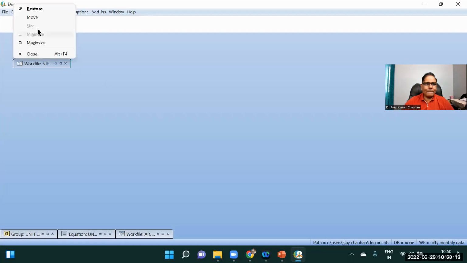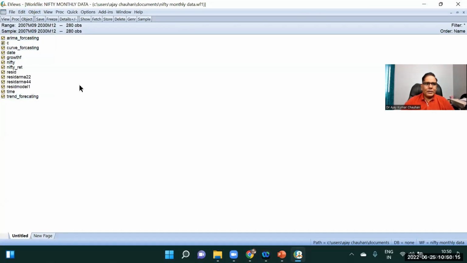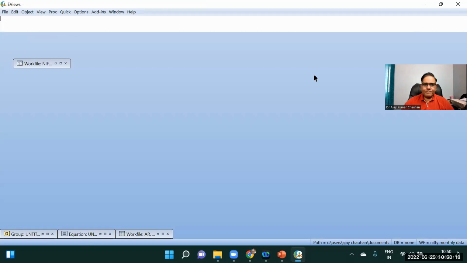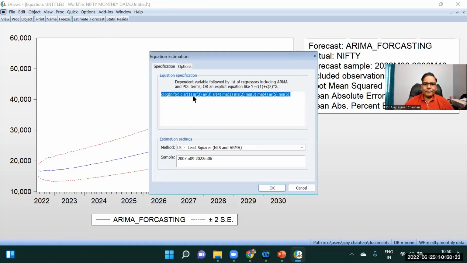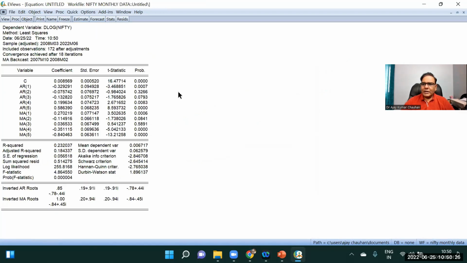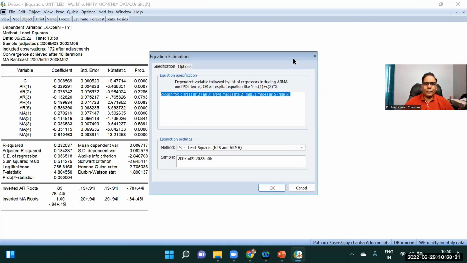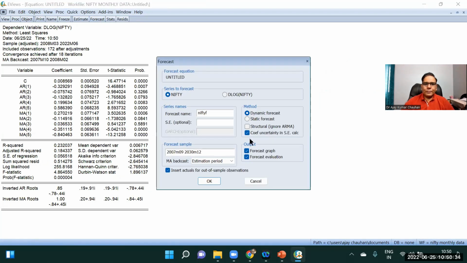Okay, so where is our equation? Yeah, so we are having this equation. And suppose you are interested in only the next value. The only thing is that you need to change the forecasting sample. The forecasting sample is July, and let's say August.